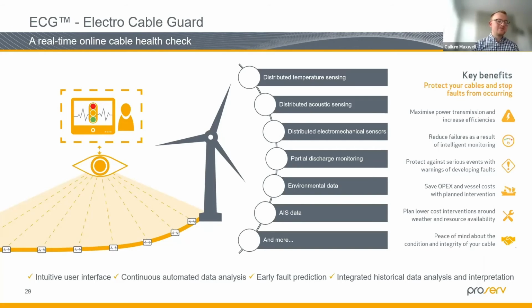I guess most importantly, just want to highlight that it's such an important asset: subsea cables, export cables, inter-array cables. If a system can provide you that peace of mind about the condition and integrity, it makes the rest of your operations that little bit easier.